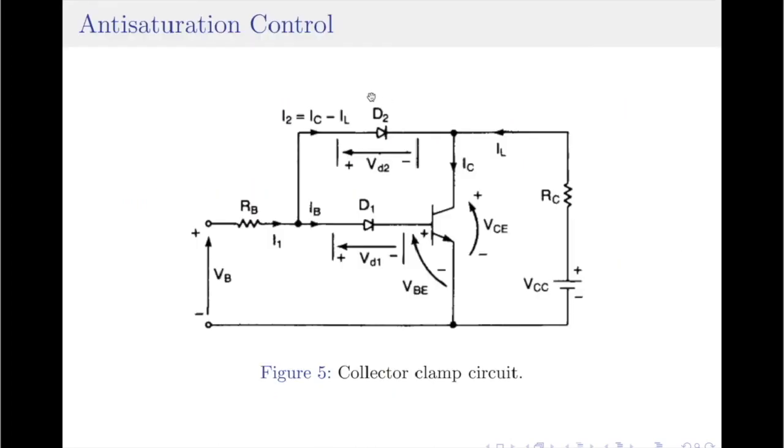In fact, that is the overall idea behind using diode D2. By connecting diode D2 across the base and collector, we make sure that the collector current is clamped to a predetermined value so that the transistor will not enter hard saturation and will only work in quasi saturation, which is also called soft saturation.